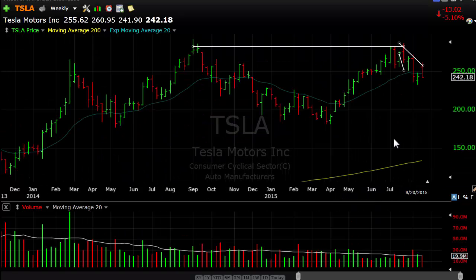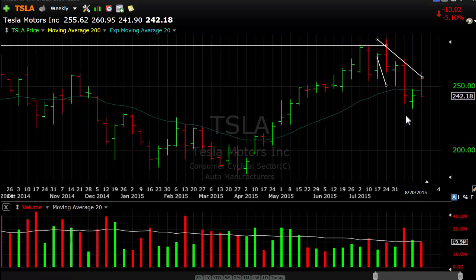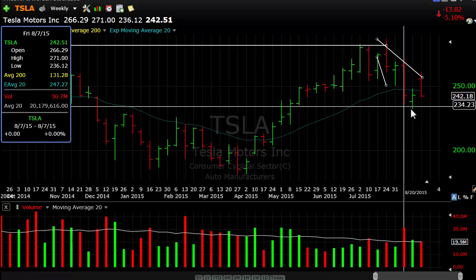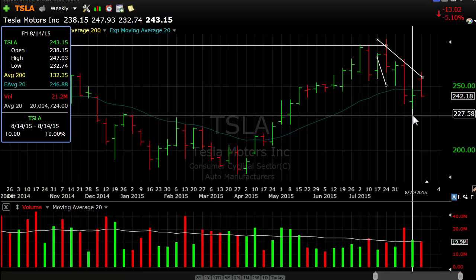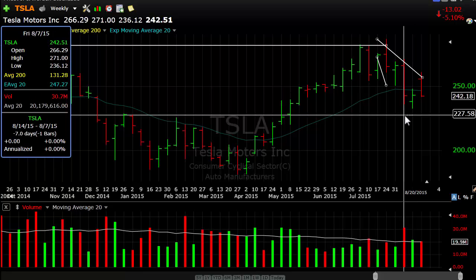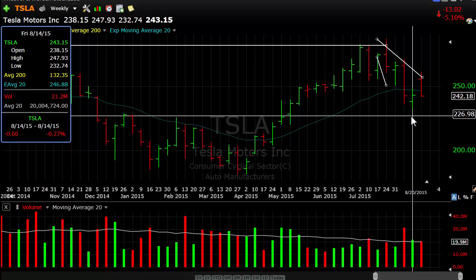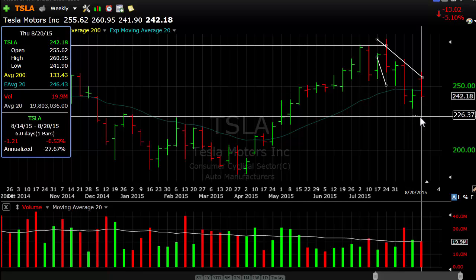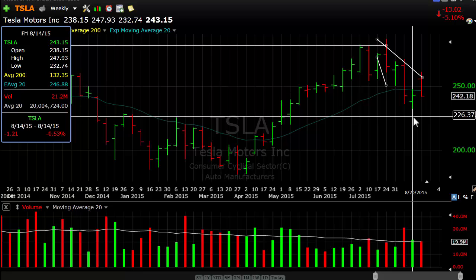Looking at overall the weekly volume, it's a little tricky to see this one, but not the previous week. The previous week was a bounce, but the week before that, you can see we did 30.7 million shares to the downside. Then we bounced on 21 million. So this week isn't over yet. We still have one day, but look, we almost have 20 million shares to the downside, whereas we had 21 million shares to the upside last week.